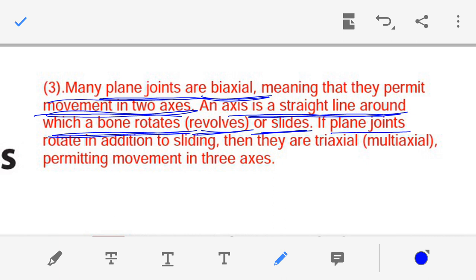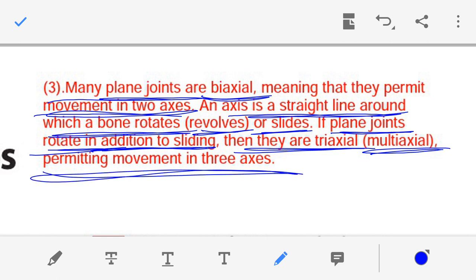Now if plane joints rotate in addition to sliding, then they are triaxial or multi-axial, because they are permitting movement in three different axes. That's why.